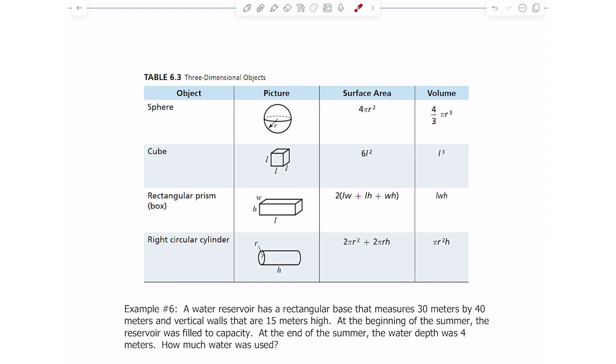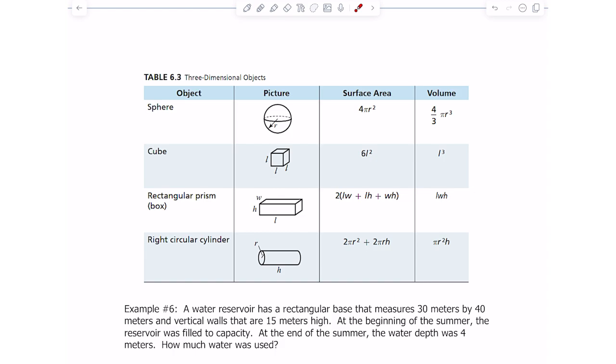And then if you want to find the area of this face, it's the length times the height. Remember, there's another one that's just like it across from it. And then the same for this back one and the front. So there's 2 of everything. So essentially you're finding the area of all the faces and then adding them together, which is what we said the definition of surface area was, right? It's the total area covered by the surface of a 3D object. To find the volume, it's going to be the length times the width times the height.